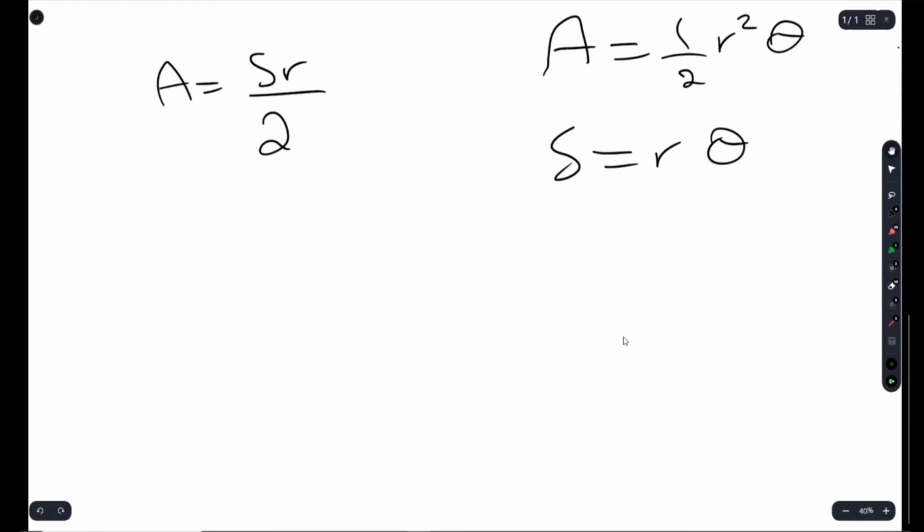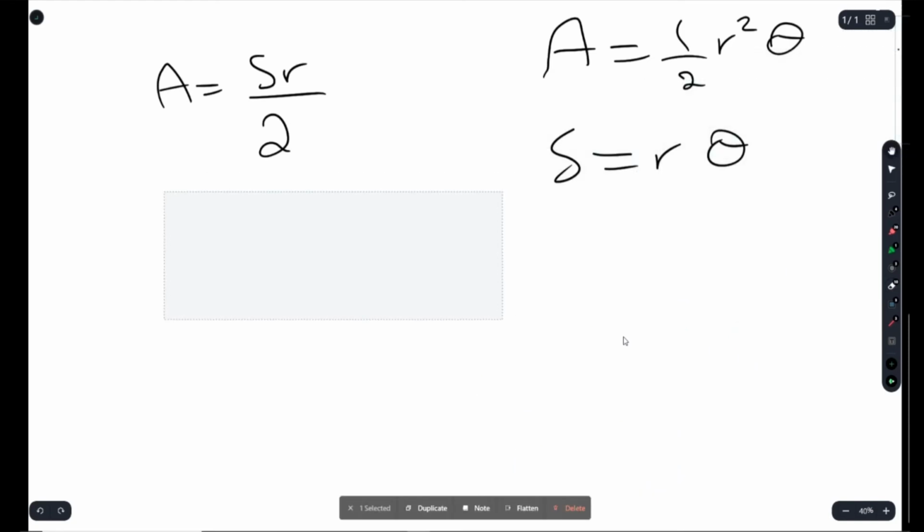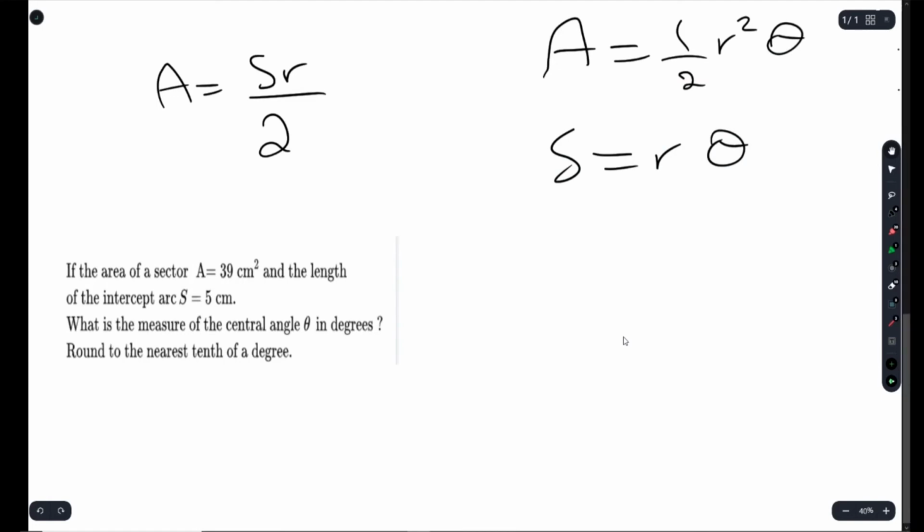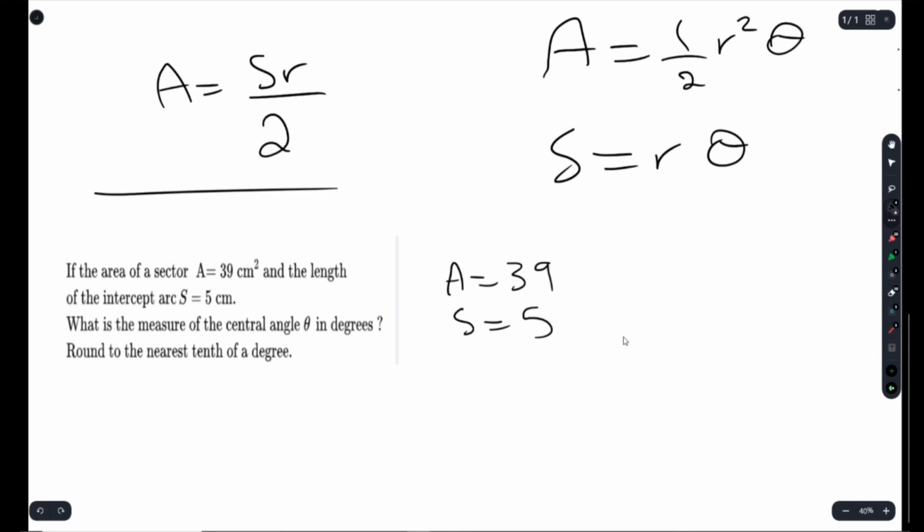Now to our exercise. This time it's not the same exercise. So if the area of the sector is 39 and the arc length is 5, what is the measure of the central angle? So A is 39, S is 5. Okay, so we can use this formula to get the radius, and then using the radius, we can use either one of these formulas to get the angle.